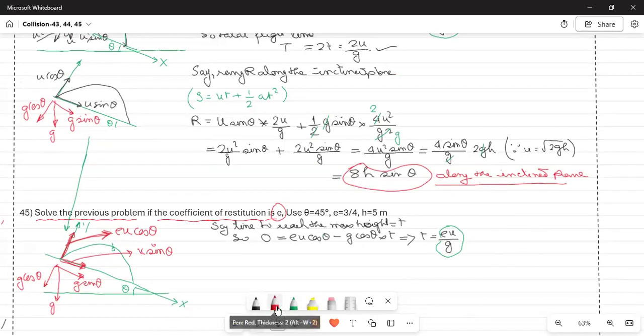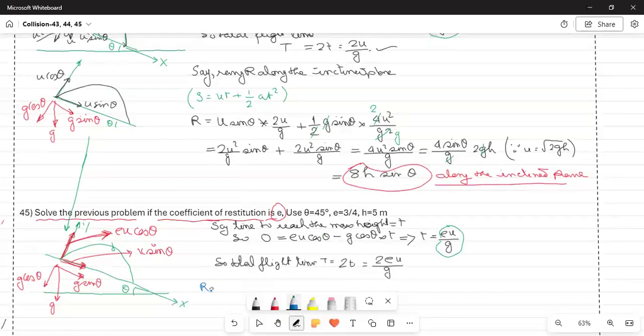Now, the total time of flight capital T is equal to 2 e u by g. Now, once again, from the range formula, we can find out the range.